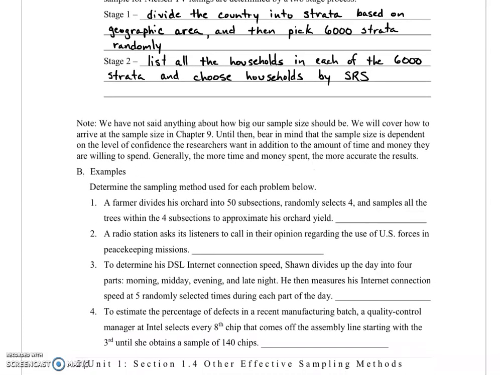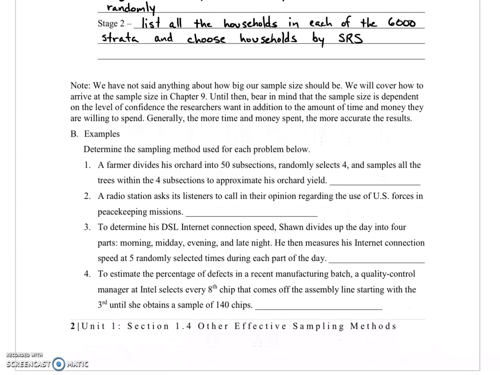Anyway, if you notice, we haven't said anything yet about how big our sample size should be. We'll talk about how we figure out what our sample size should be when we get to chapter 9.